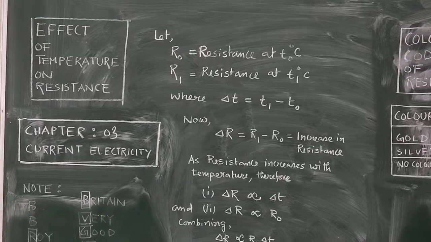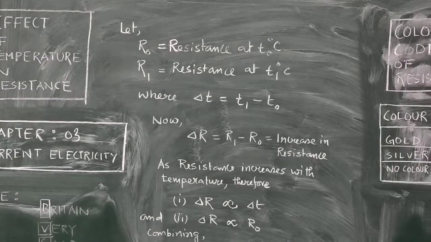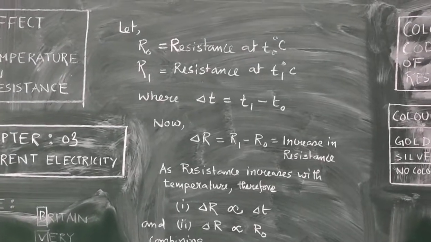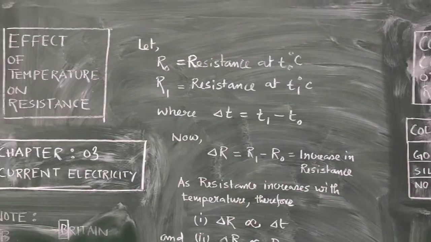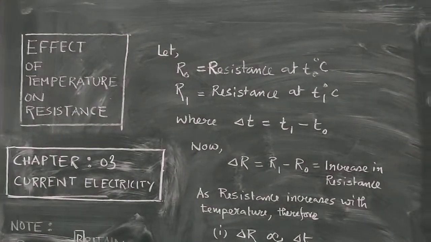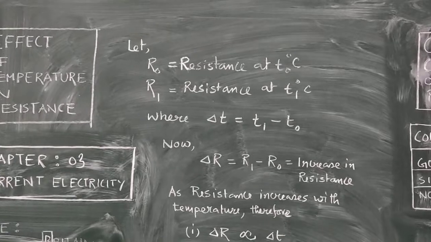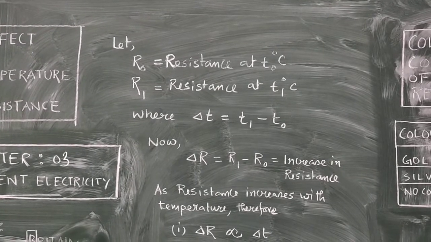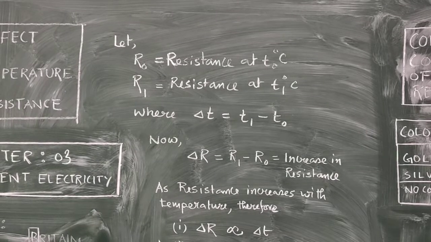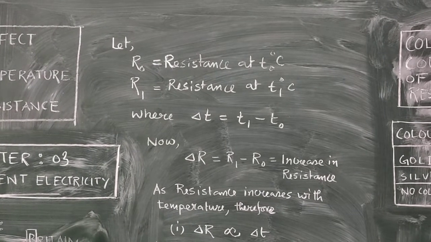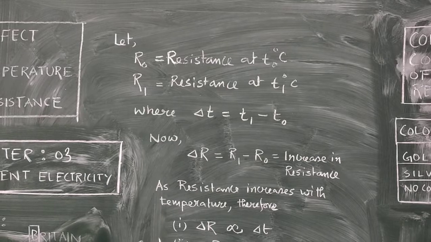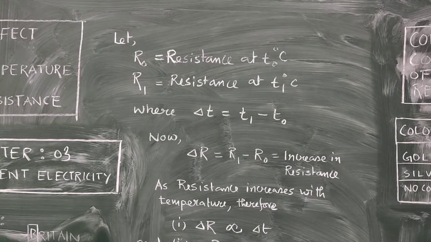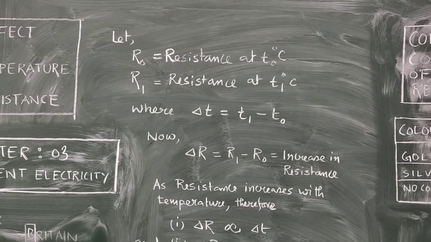Now we are trying to find a mathematical expression for the change in resistance with the change in temperature. So consider at temperature T0 degrees centigrade the resistance is R0, and at T1 degrees centigrade the resistance is R1. Definitely T1 is more than T0.